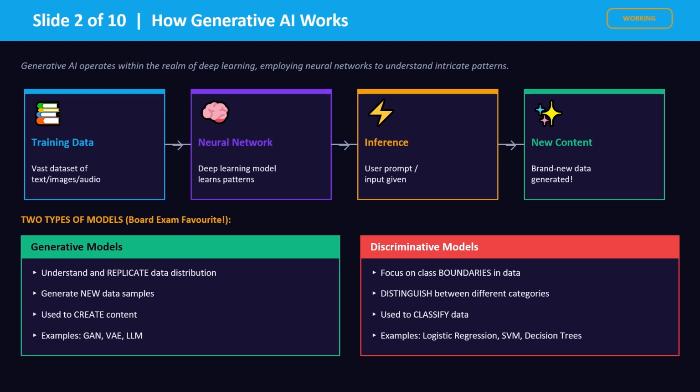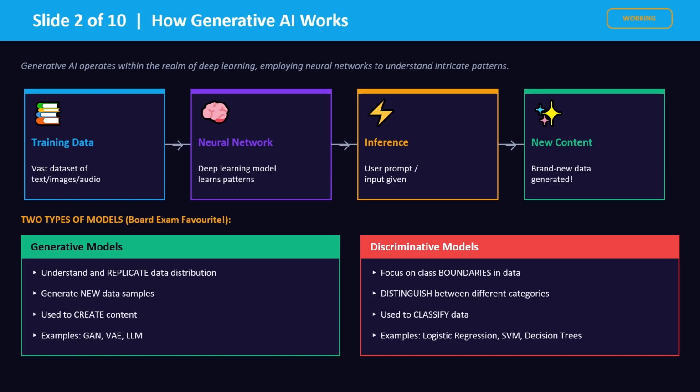Now, how does Generative AI actually work? Your textbook says it operates within deep learning and uses neural networks to understand intricate patterns. Look at this simple flow.